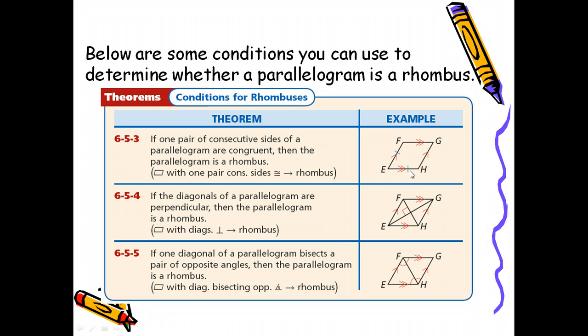So this is where consecutive sides are congruent. If the diagonals of a parallelogram are perpendicular, then the parallelogram is a rhombus. If one diagonal of a parallelogram bisects a pair of opposite angles, then the parallelogram is a rhombus. So these are like the converse statements that we had from 6.4.